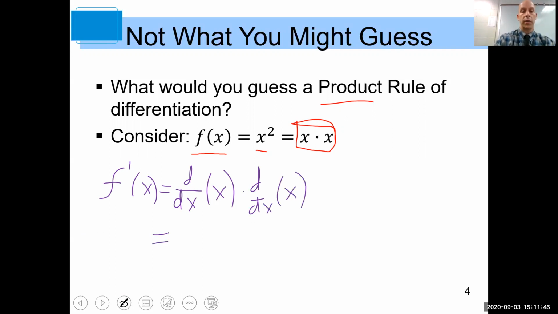In other words, the derivative of x is 1, and the derivative of x is 1, so f prime is just 1. I think that's what most students would guess.